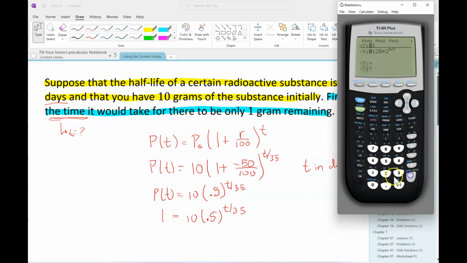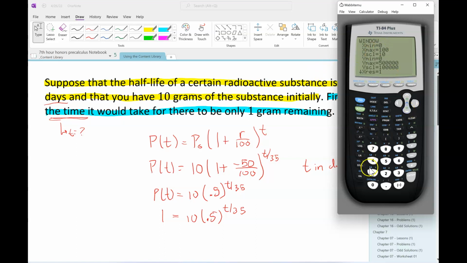So, left-hand side, right-hand side, and then we'll reset our window here. Think about this situation. After 35 days, we're down to 5 grams. 70 days would be 2.5. 105 days would be 1.25. And then 140 days would be 0.625.